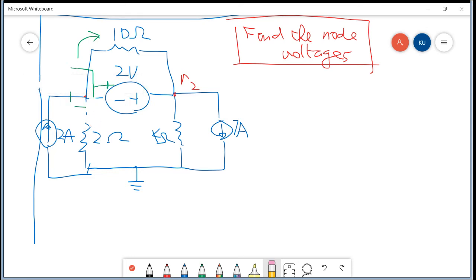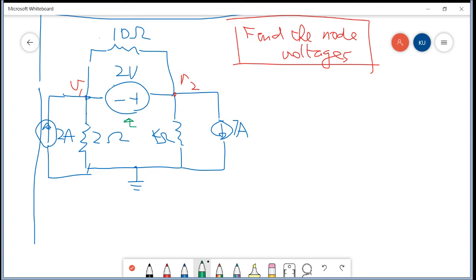So if you want to use the KCL with a voltage source, there will be some tricky step. Suppose this is the troublesome part. It is a voltage source.